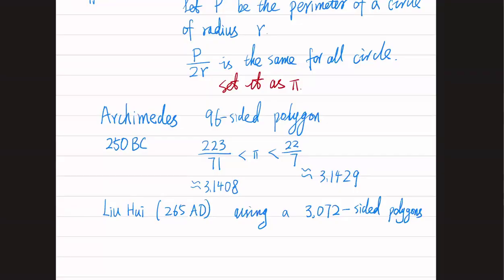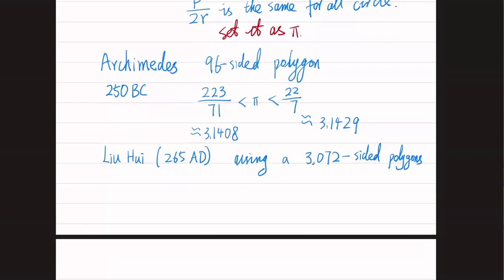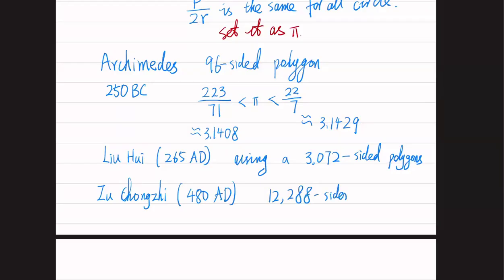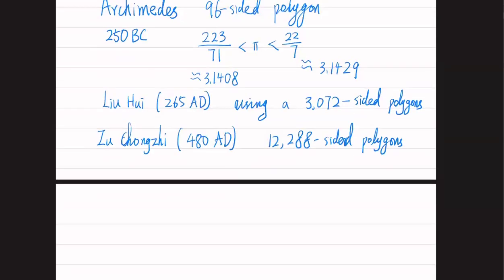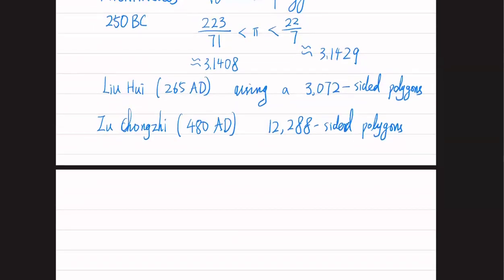So this obtained much better approximations. And another improvement is by Zu Chongzhi. He's about 480 AD. He used this 12,288 sided polygon. So he obtained this approximation.